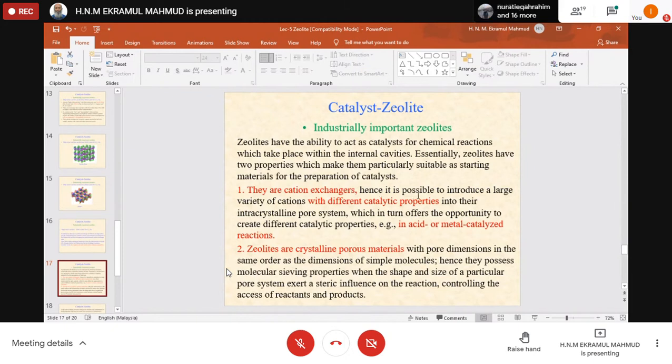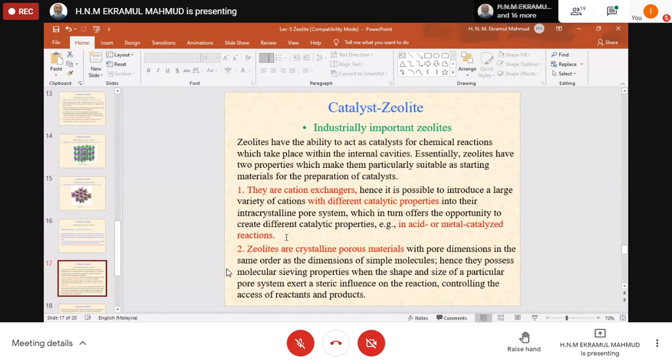Hence it is possible to introduce a large variety of cations with different catalytic properties into their intercrystalline pore system, which in turn offers the opportunity to create different catalytic properties, as for example in acid or metal catalyzed reactions.